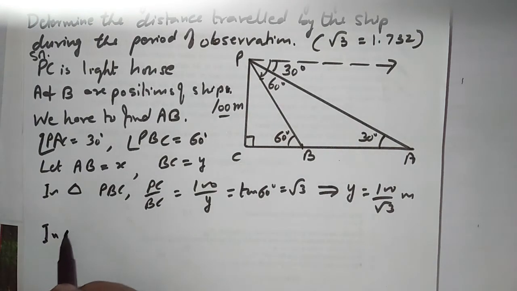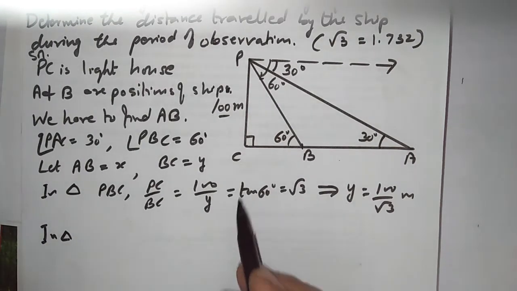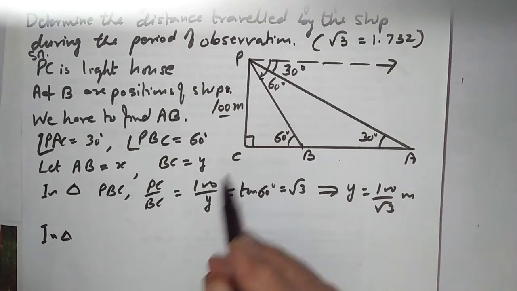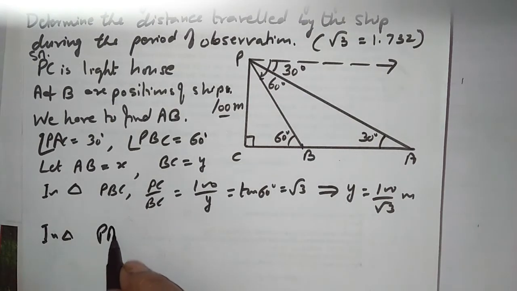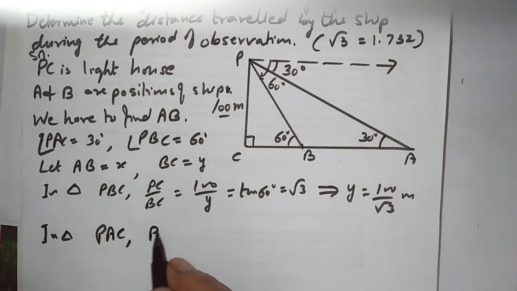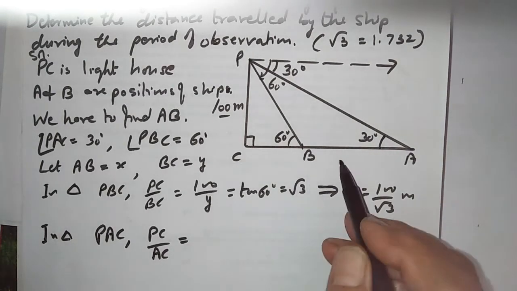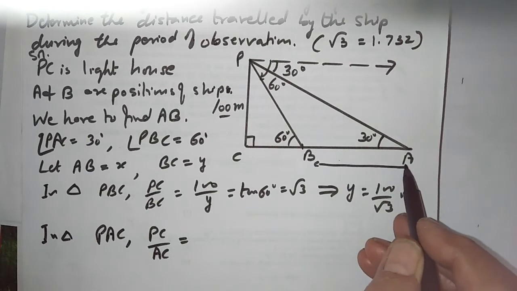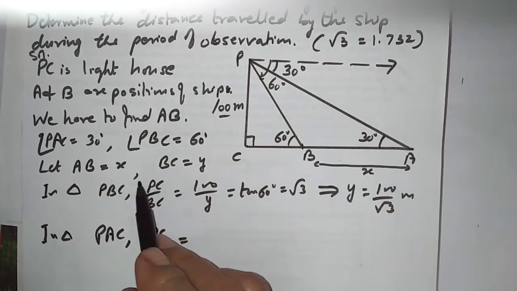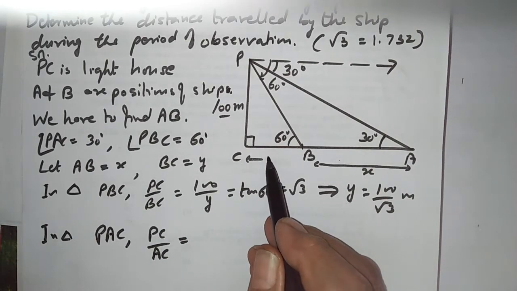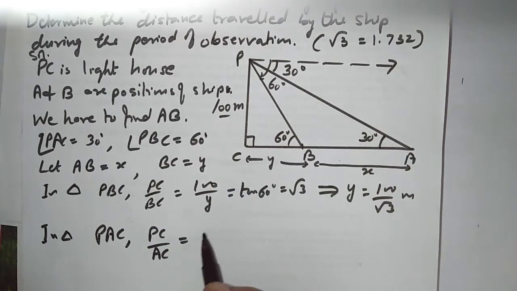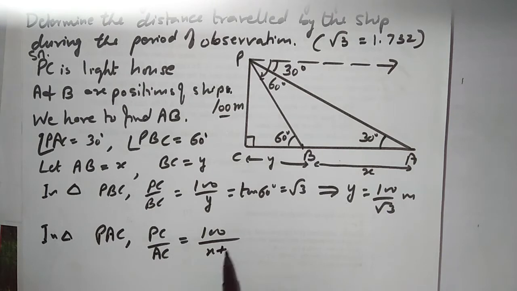Second, we take the whole triangle PAC, in which angle C is 90 degree. In triangle PAC, again PC upon AC is equal to, AB was our X and BC was our Y. So PC upon AC means 100 upon X plus Y, which is equal to tan 30.